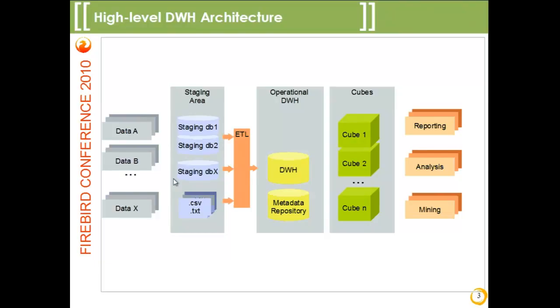In the staging area, you might, but you are not required to, also consolidate the data formats. It's a question of how you design your transformation process, whether you first transform data to a common denominator and then start to load them into the data warehouse.